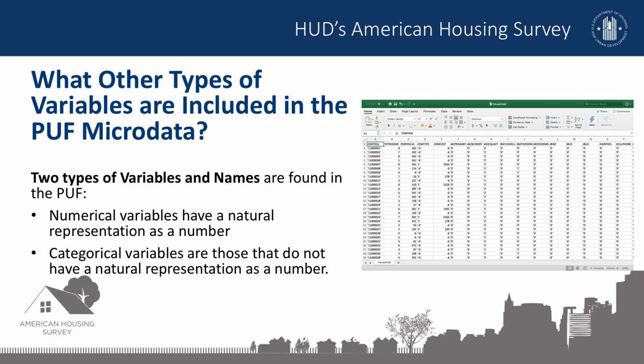Numeric variables are those that have a natural representation as a number, such as dollars, counts, and percent values. Categorical variables are those that do not have a natural representation as a number. The PUF microdata include more than 420 variables across the four relational tables, plus edit flags and replicate weights.